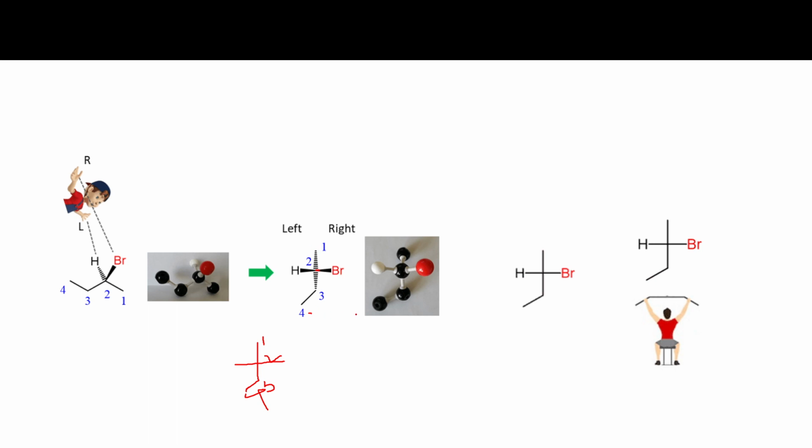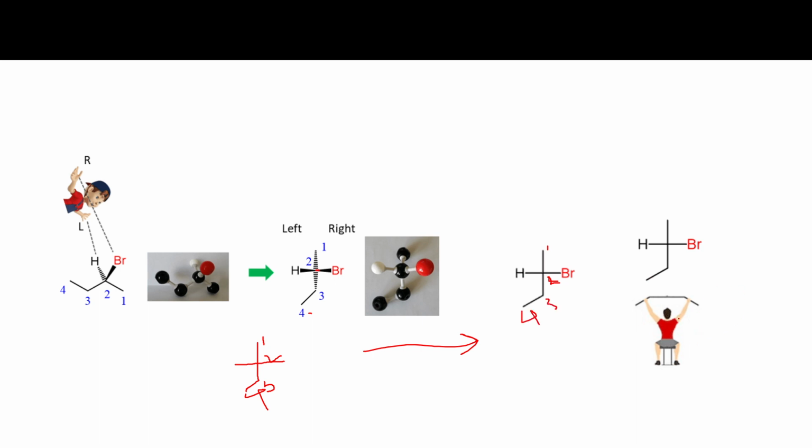Now you have to convert this to a Fischer projection. This will be like this: number 1, and at number 2 position your bromine will be on the right side, and numbers 3 and 4 as they are.